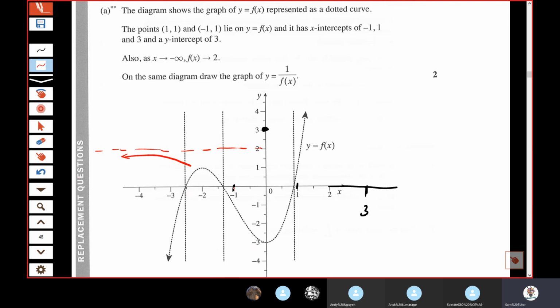Now, I can't cut through this, because what happens if I cut through it? That's okay, cut. But then I'm meant to have a y-intercept up here. But I'm going to have an x-intercept. Otherwise, you might go, oh, then come up. But then that means you have another x-intercept. So you can see I can't cut through. So if you can't cut through, what would be the other option? Think of all the graphs you've learnt in polynomials.